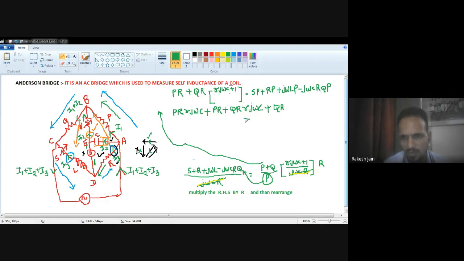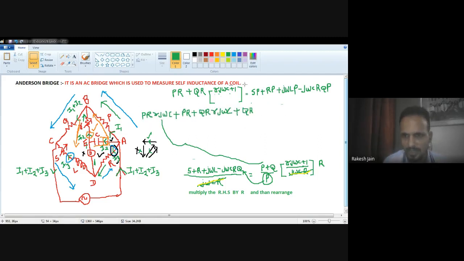To decrease the clutter, I just move it to the left hand side so there will be more space to show this. This is a mathematical term, it should be clear. So this is all about the left hand side.